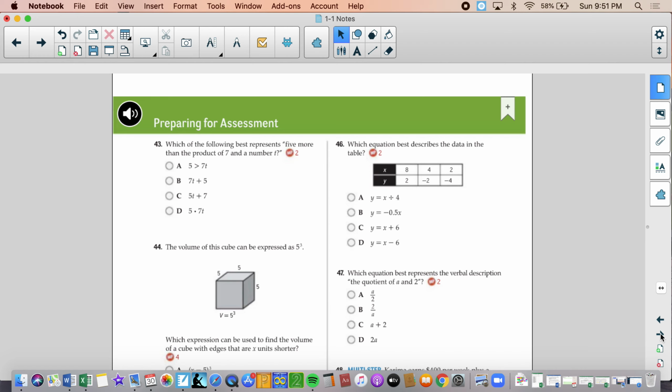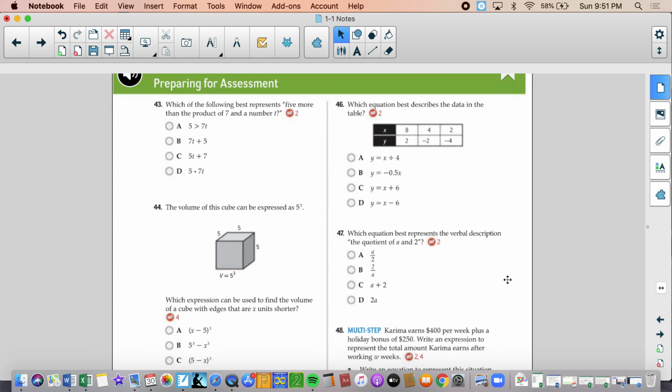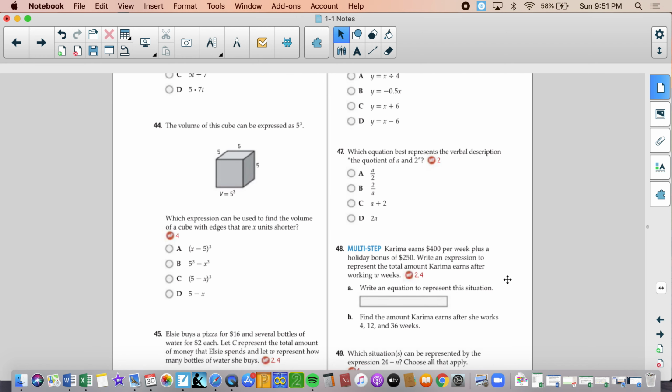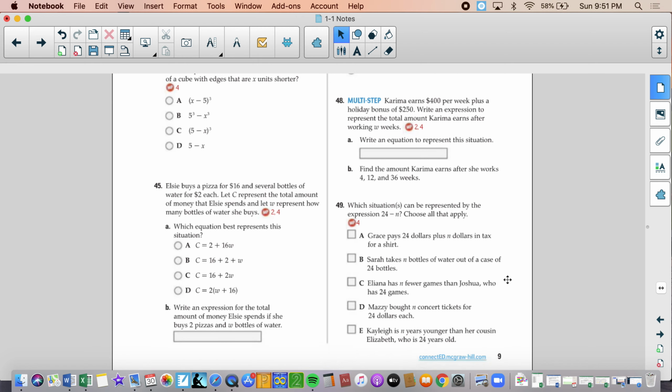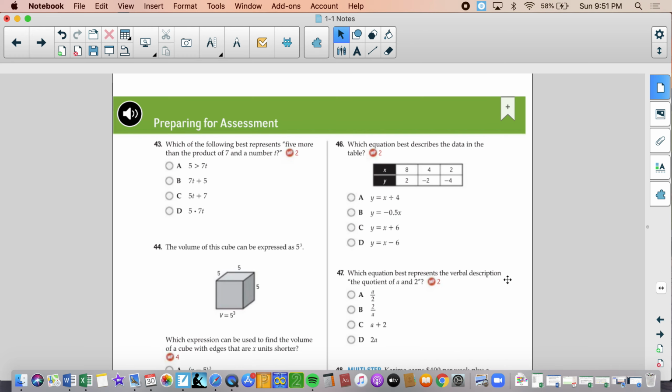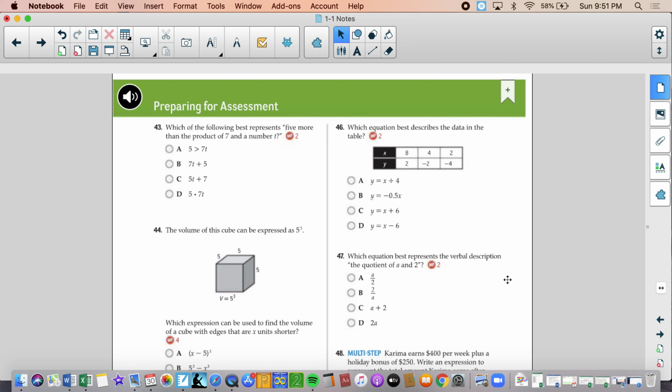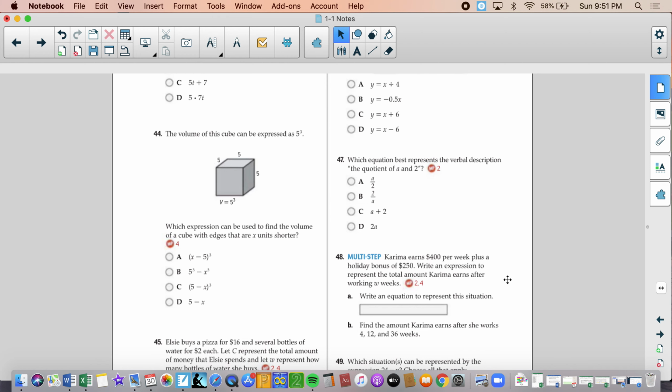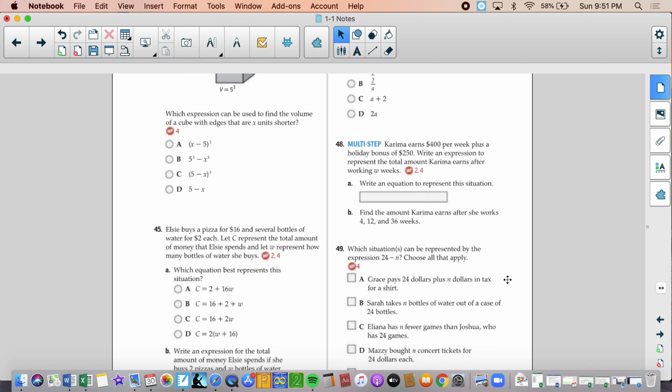So these little green preparing for assessments, I'm going to include at the end of each lesson. And for the students who want a little bit of a challenge, please take a moment and do these problems. You will have 43, 44, 45, 46, 47, 48, and 49.